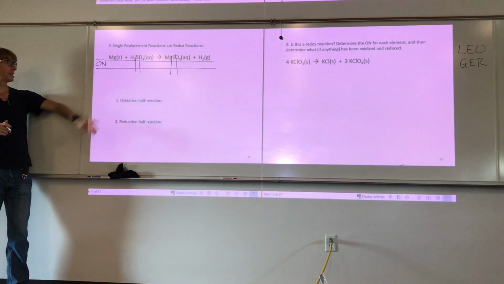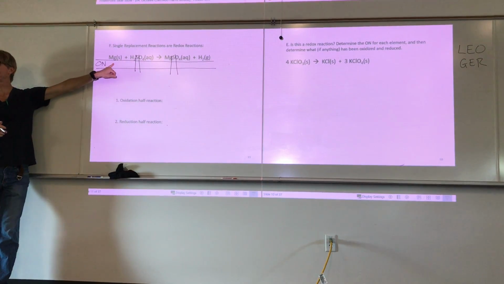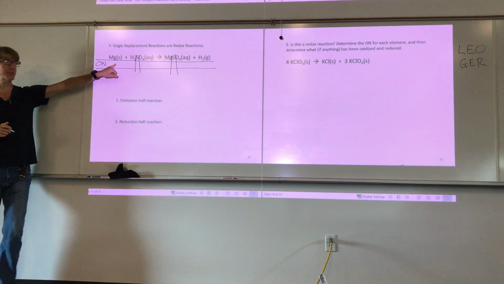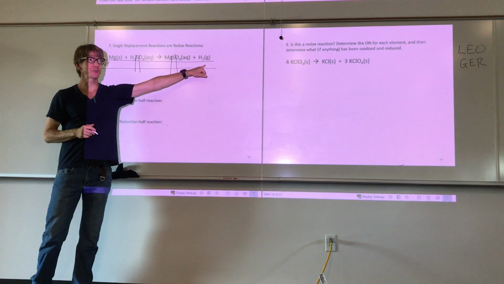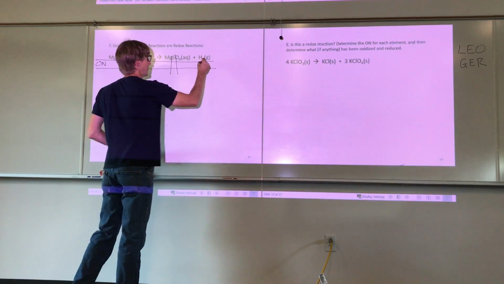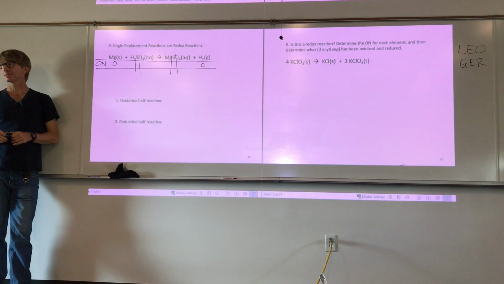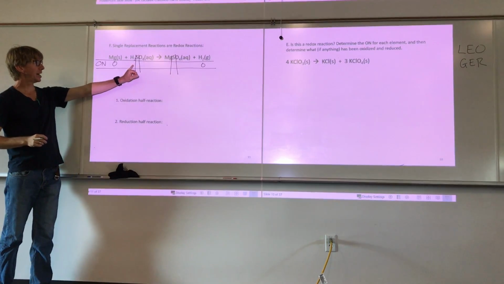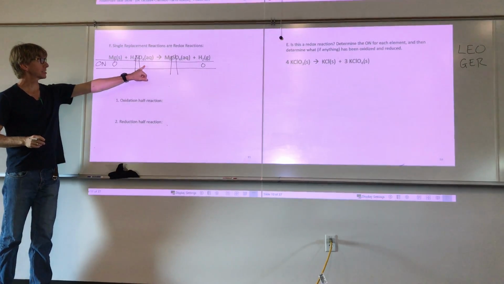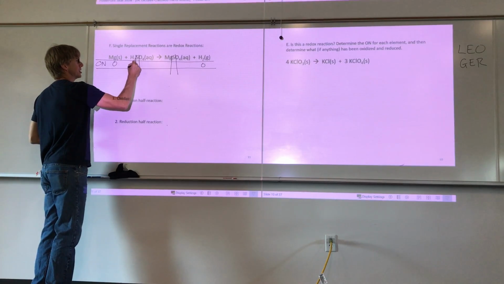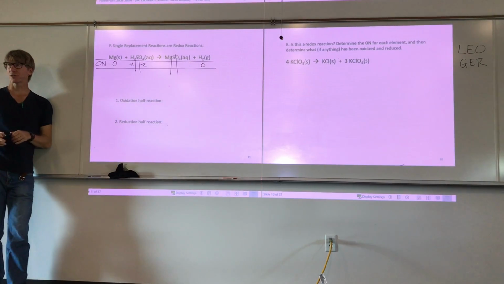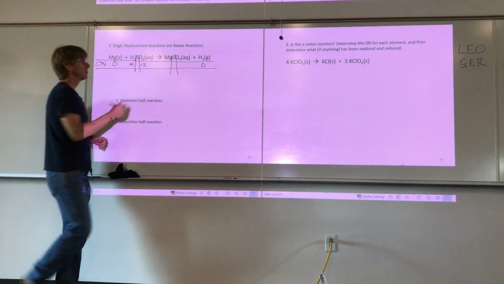They're not too bad. Here we have an element by itself. Oxidation number, please. 0. We have another element by itself. Also 0. From there, I have hydrogens and oxygens. +1 for hydrogen, -2 for oxygen.